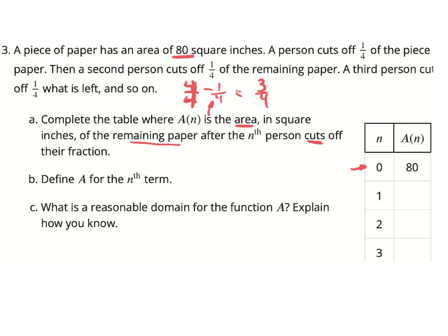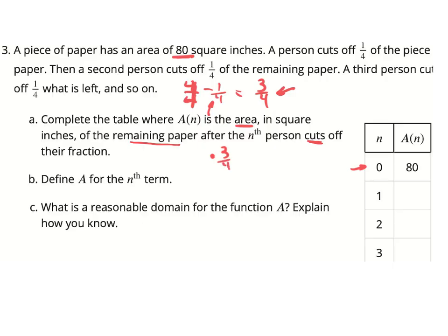This is what's cut, this is what's left, 3/4. So 3/4 is left each term. So our change is 3/4. So be careful about that one. So your change is 3/4 times 3/4.